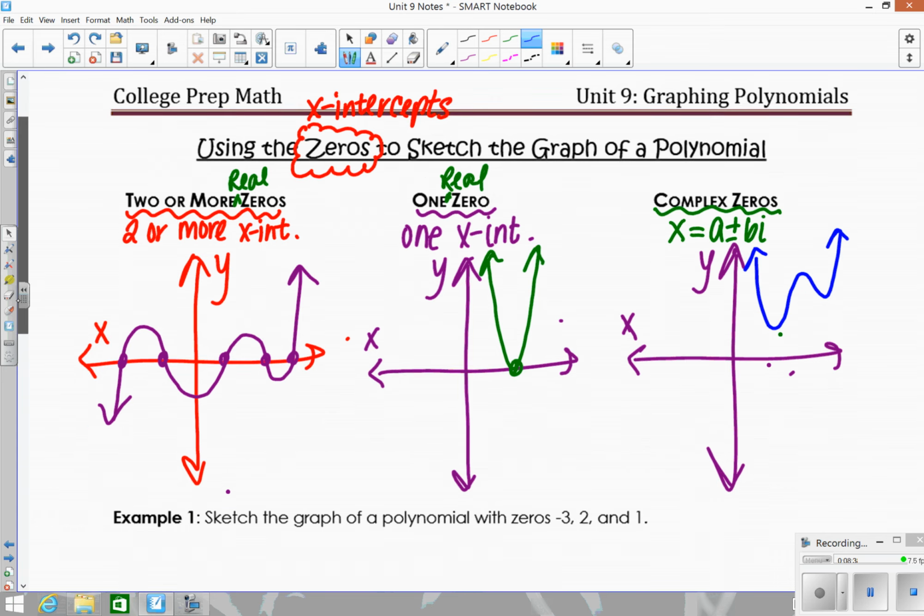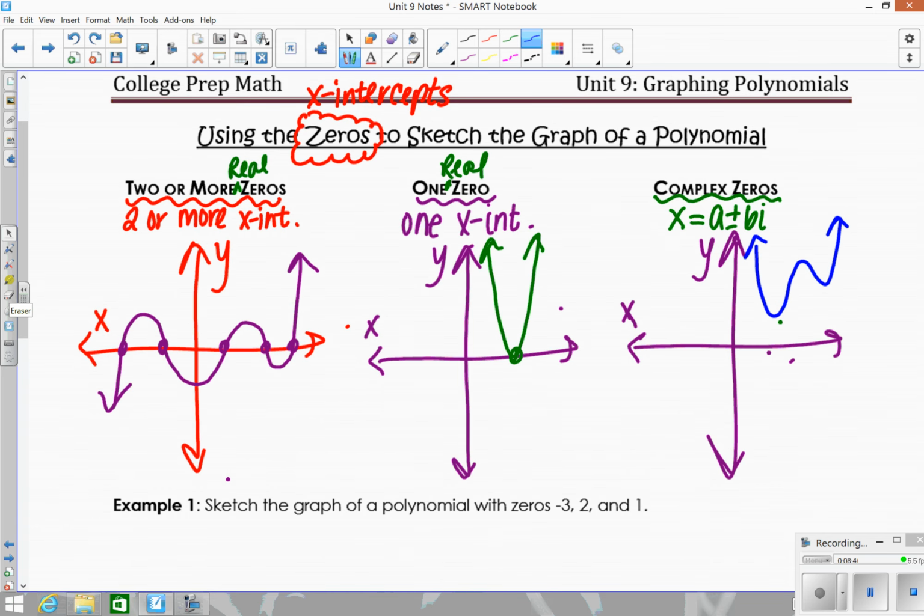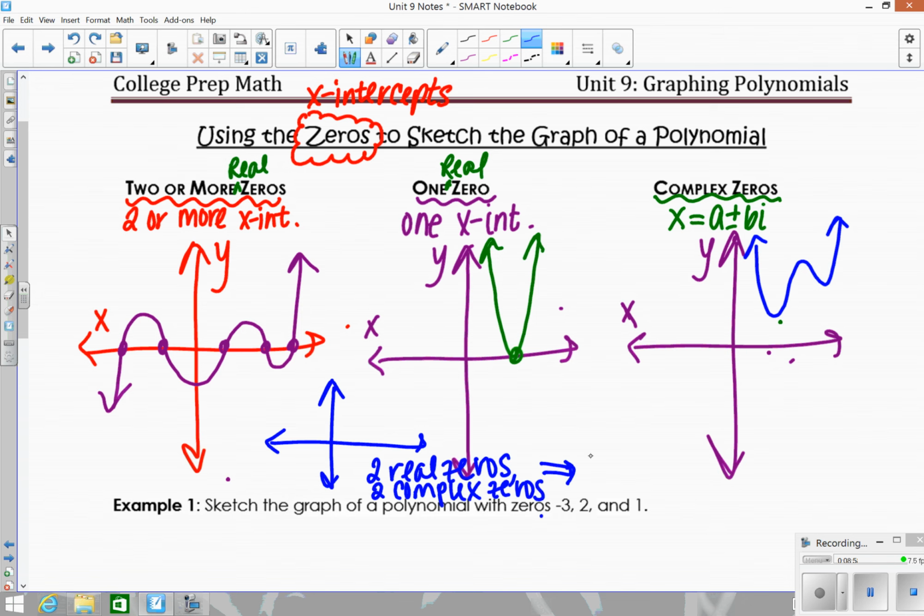You could also have a combination. So basically I could have a situation where maybe I have two real zeros and two complex zeros. So what this would look like on my graph, though, is that I would only have two x-intercepts because, remember, your graph is representing the real number system.